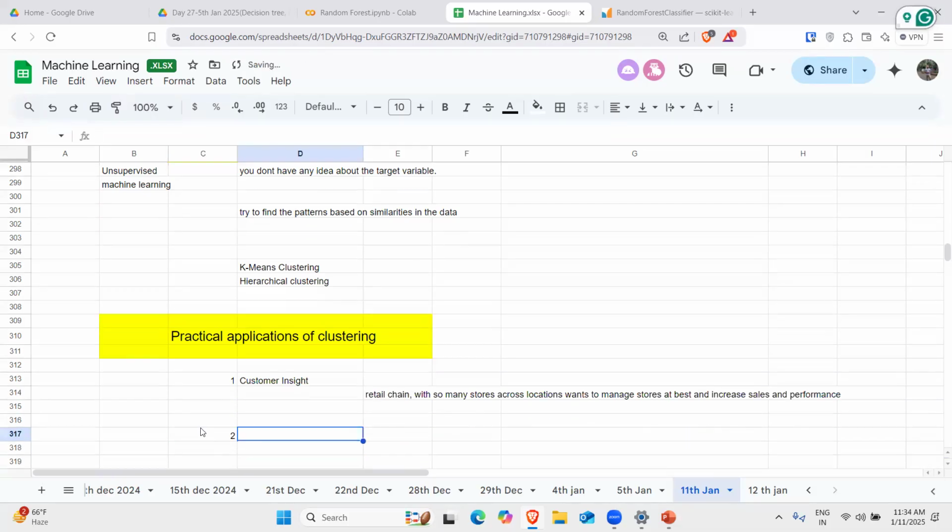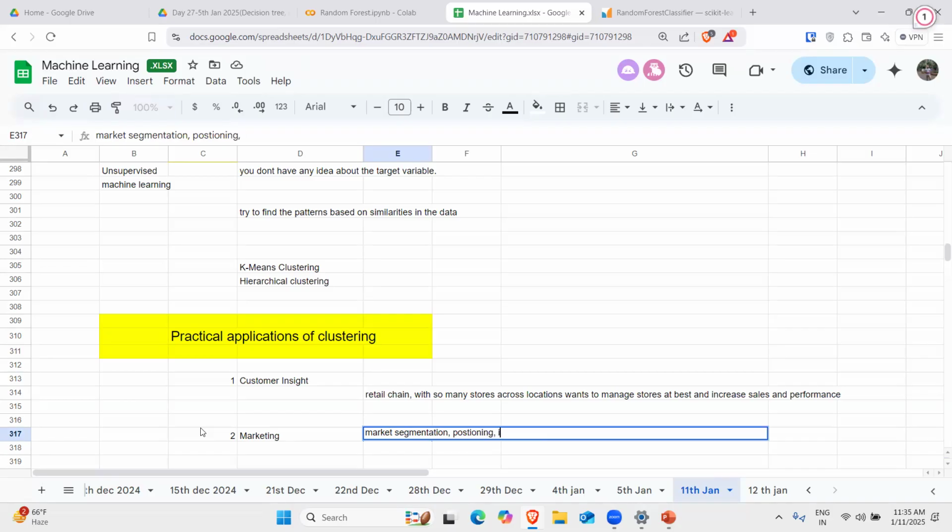Then you can have marketing, another powerful segment. It will help us understand market segmentation, help in market segmentation, positioning, and identify test markets for new product development.